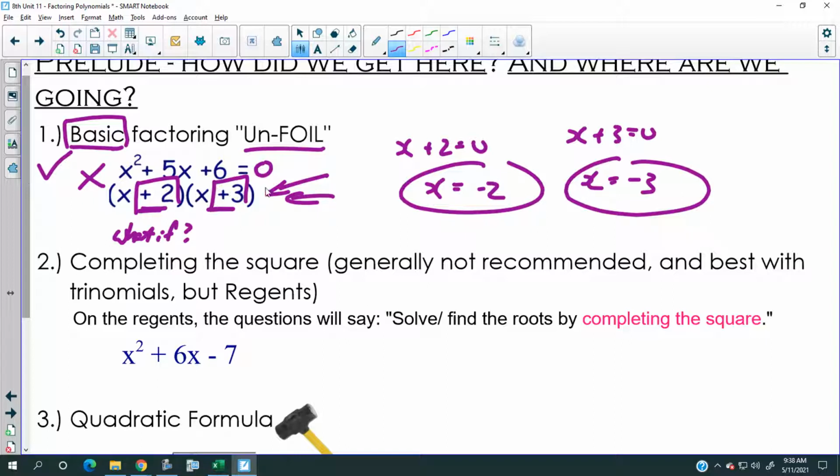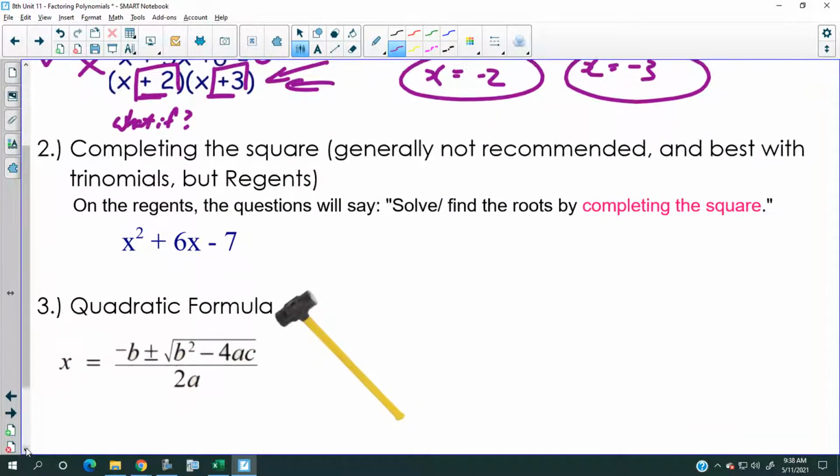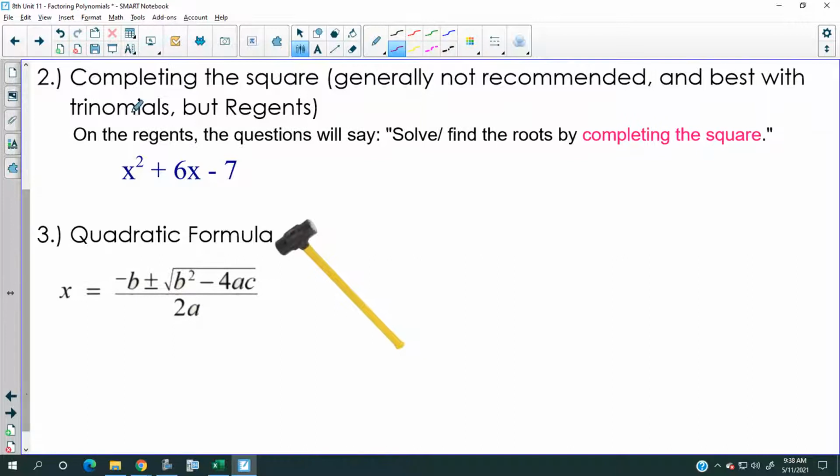Think about it: if we cannot get a whole number as an answer, that's suggesting our factors are gonna be decimals, and for us to get to that point, the solutions are a little bit less elegant than we would otherwise solve it with. There are two ways you can do that. The first way is what we're gonna do for the next few days. It's called completing the square.